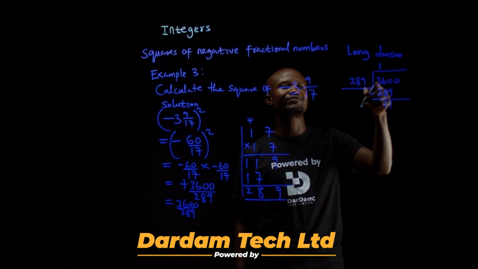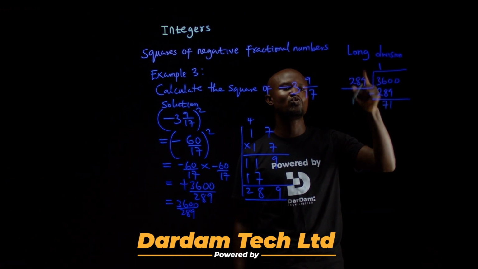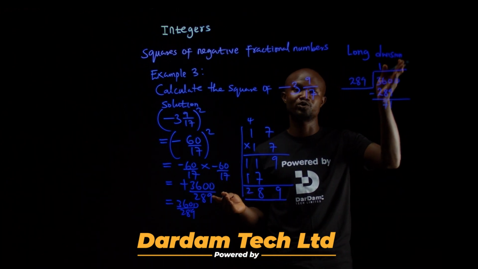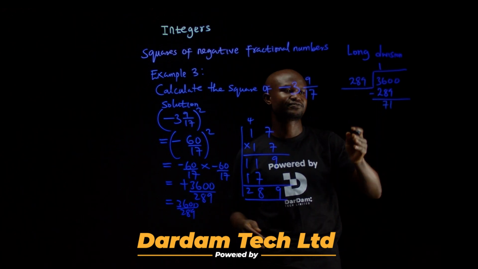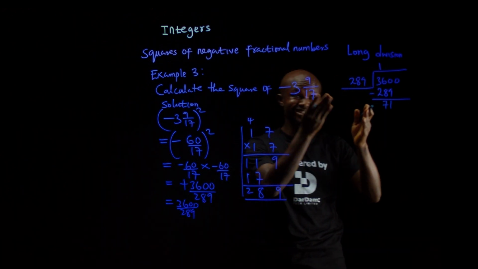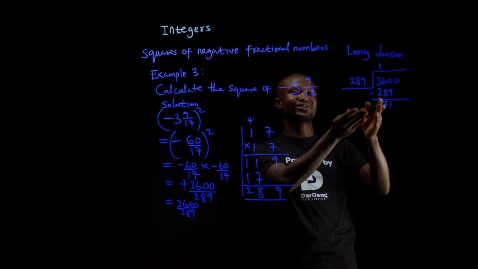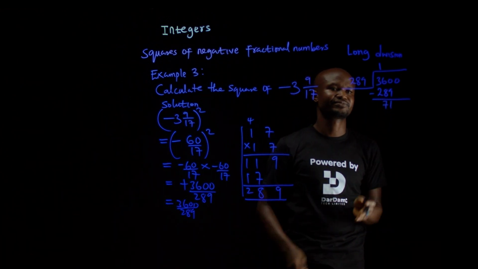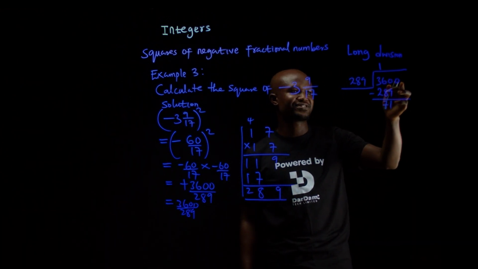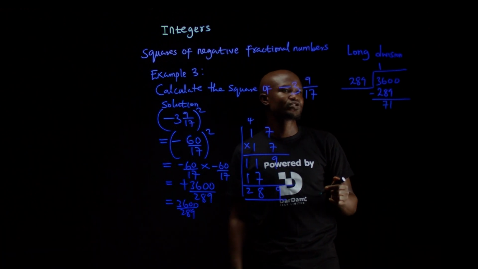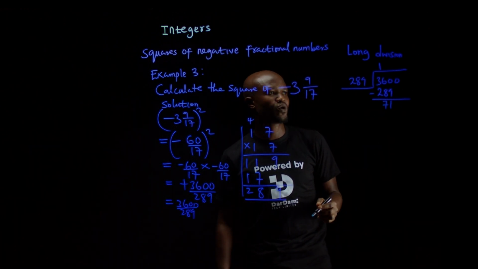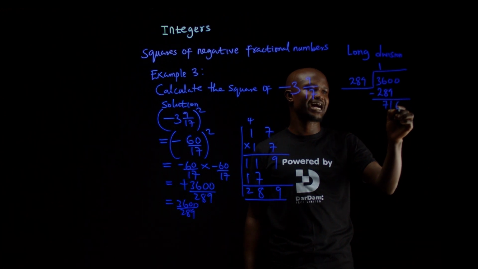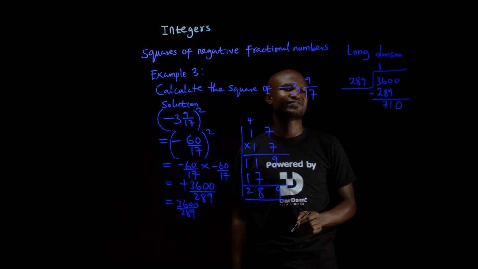Then 2 minus 2, 0, because we have already borrowed 1 to that 5. So 360 minus 289 will give us 71. So don't forget, we have 0 here. So we add the 0 that we have there.